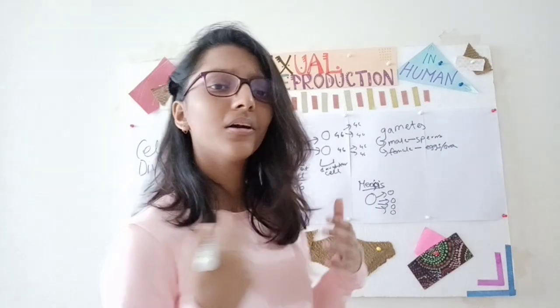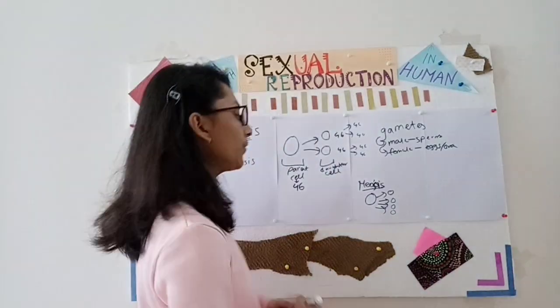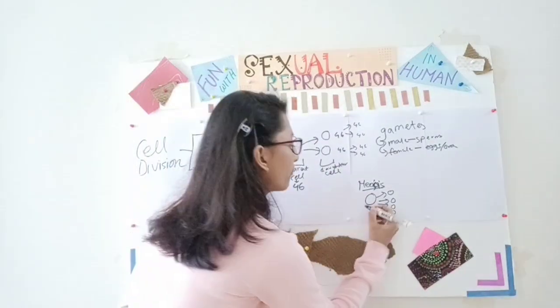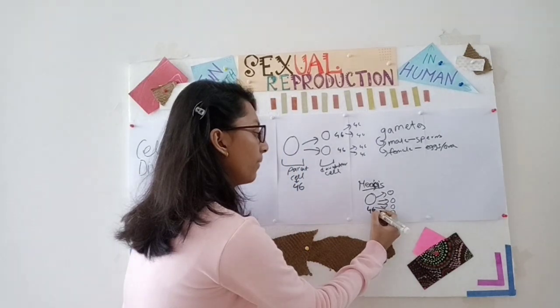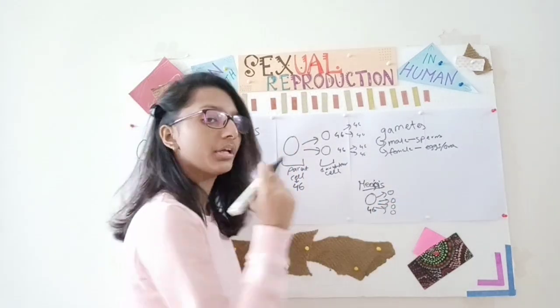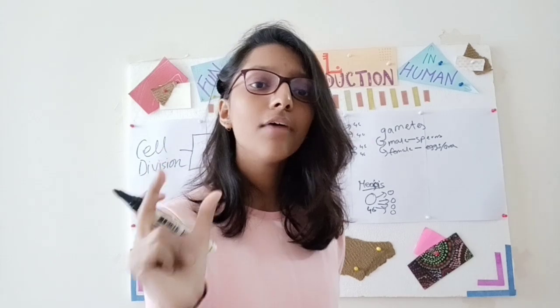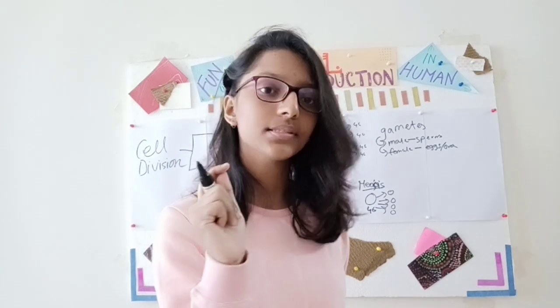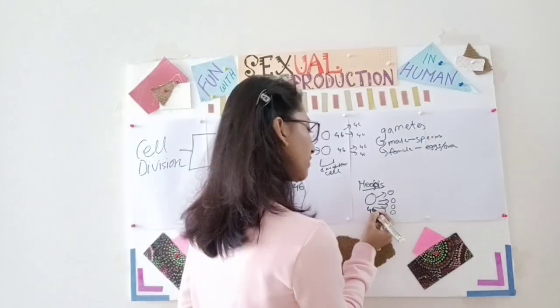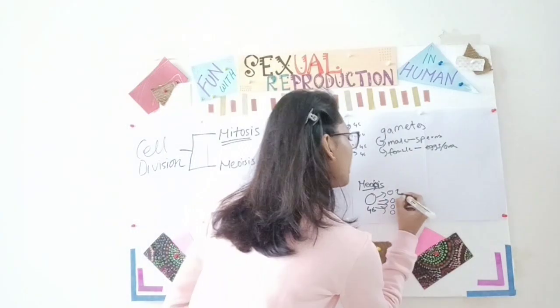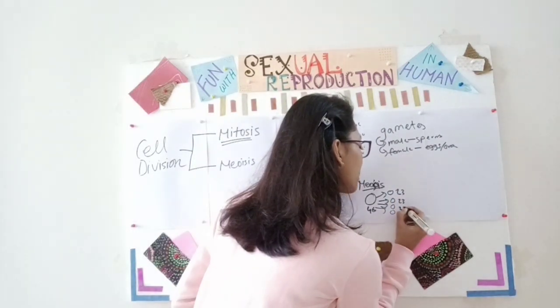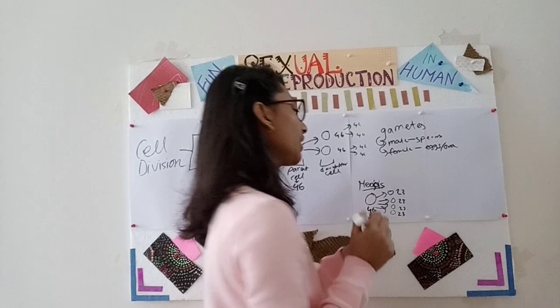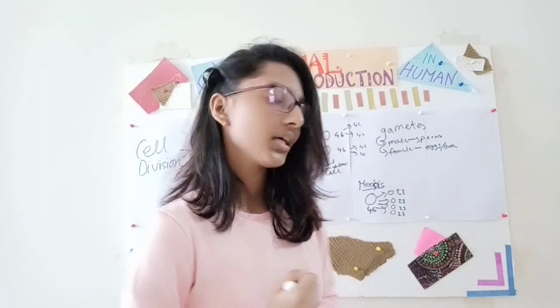Now how are they not identical? We know parent cells contain 46 chromosomes, but each of the daughter cells will contain half the number of chromosomes as the parent cell, which means the parent cell contains 46, so each daughter cell contains 23 chromosomes.